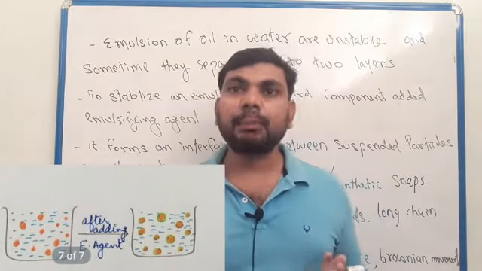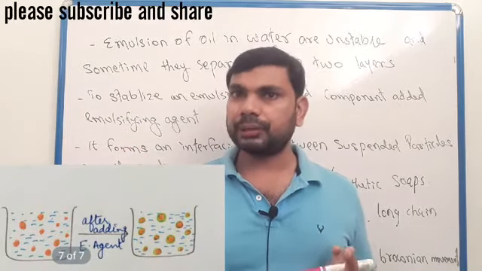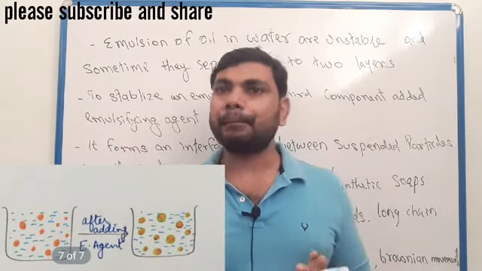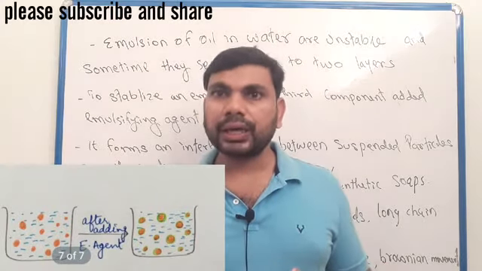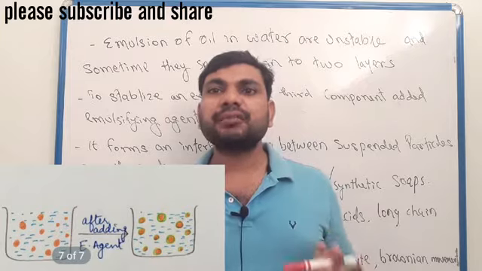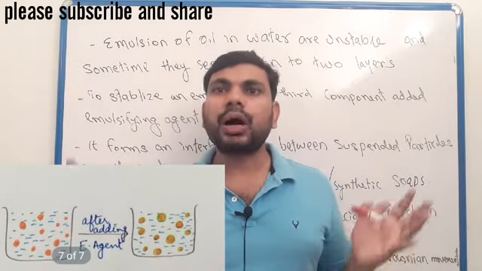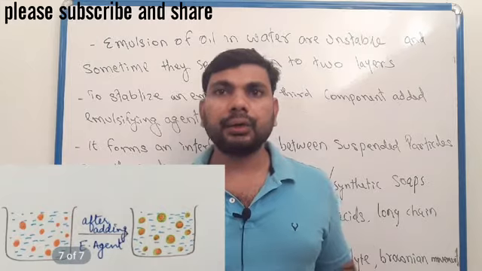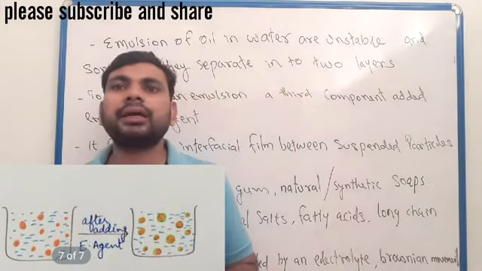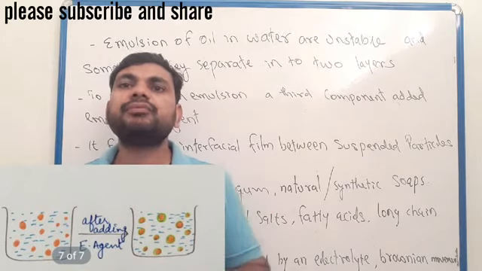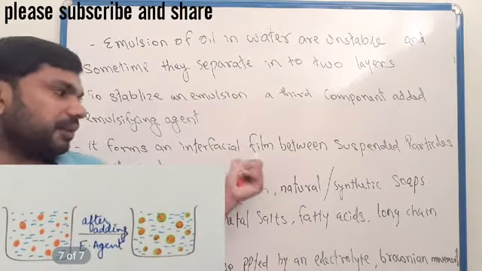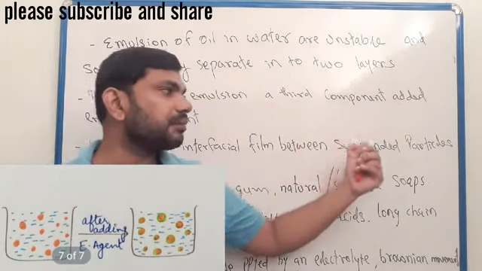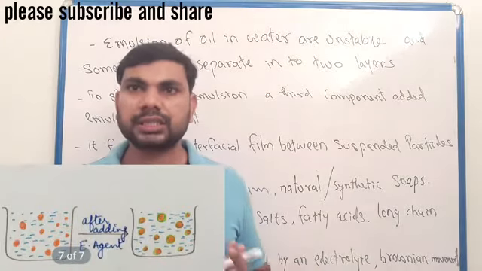When we add an emulsifying agent to an emulsion, this emulsifying agent makes a thin layer between the dispersed phase. The dispersed phase is uniformly distributed throughout the medium. You can see in this figure, when we add an emulsifying agent, it forms a thin layer, an interfacial film, between the dispersed particles.